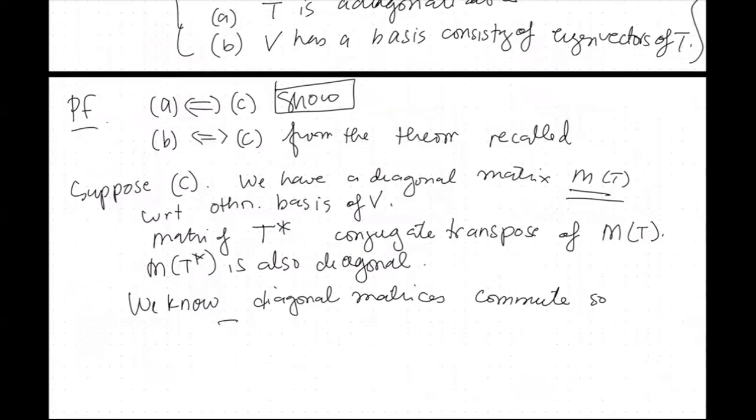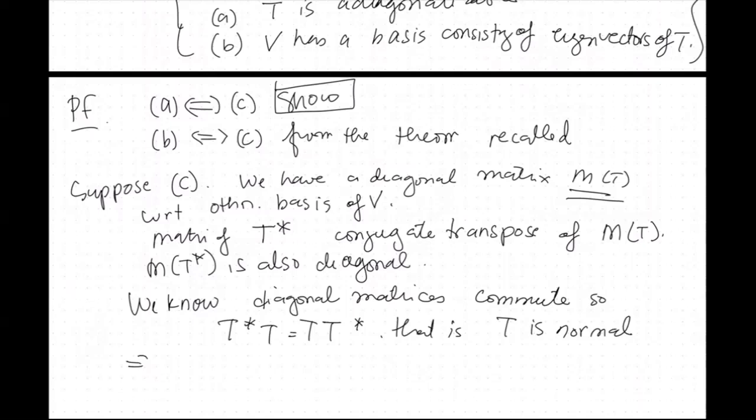So we get T star T equals T T star. That is, T is normal, and that means A holds.